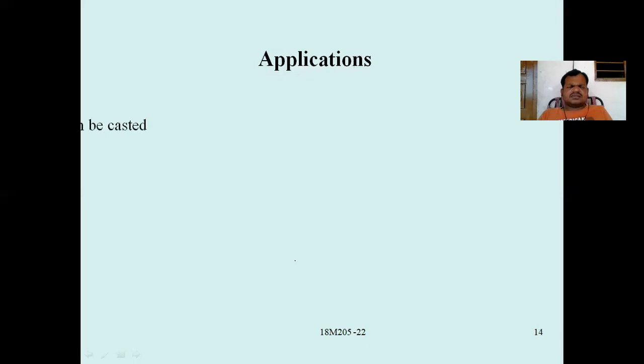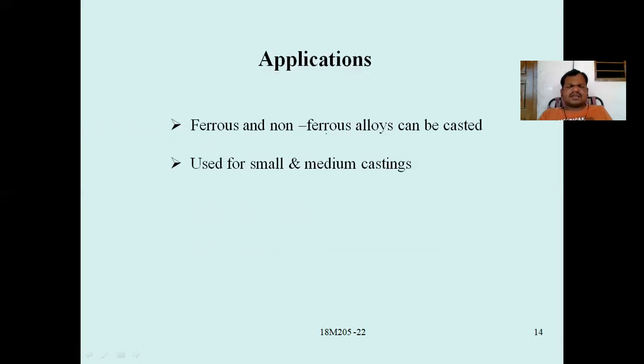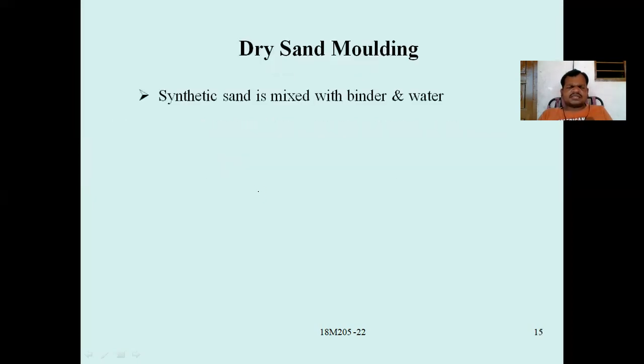And applications: for green sand molding, ferrous and non-ferrous alloys can be cast. It is used for small and medium casting.